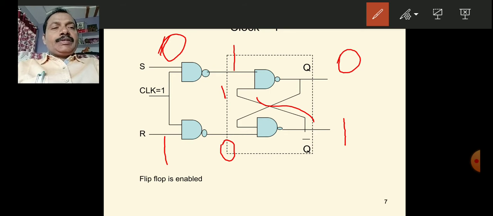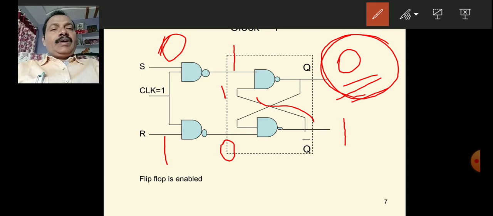That means whenever S equals 0 and R equals 1, the flip flop is reset to 0. It is storing the 1 bit information 0. Whenever S equals 0 and R equals 1, we have made this flip flop store bit 0. That is the important thing you have to remember.